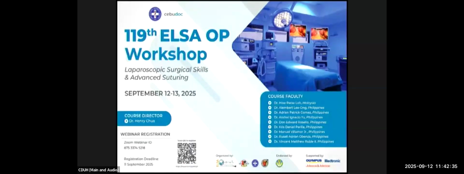Okay, so let's define what is normal CVP first. That is between 3 to 12. That's normal. As mentioned earlier, we have to be very strict with fluid management.